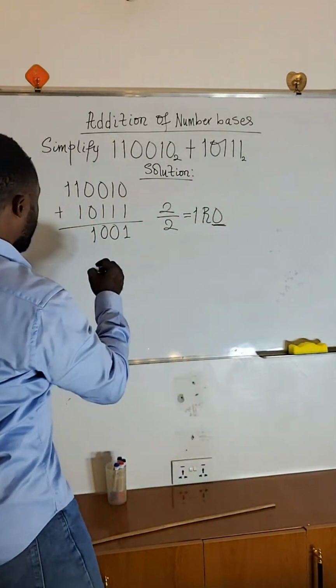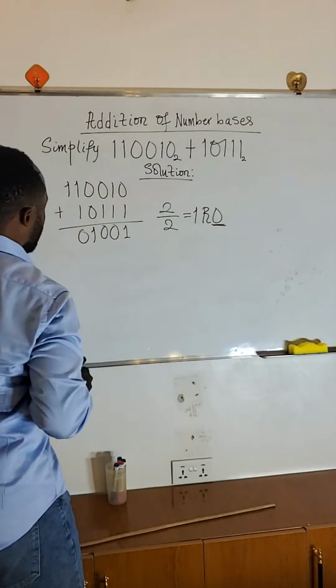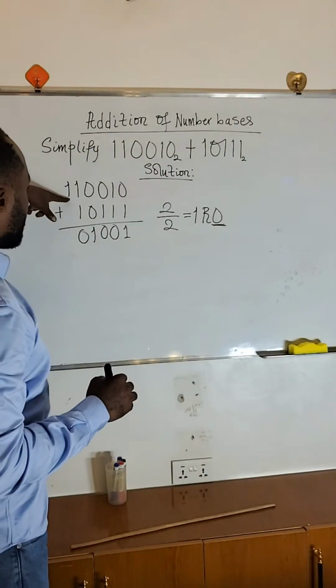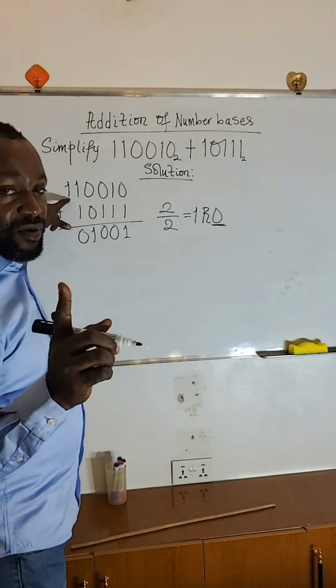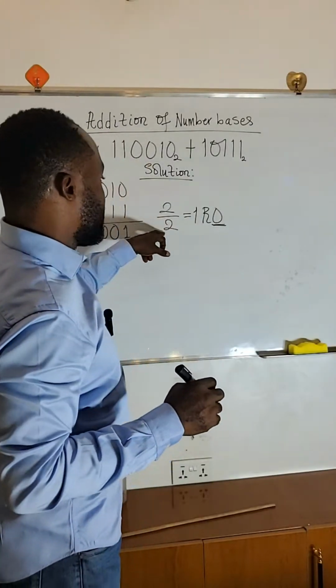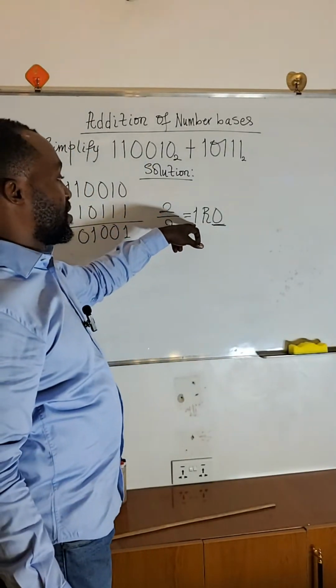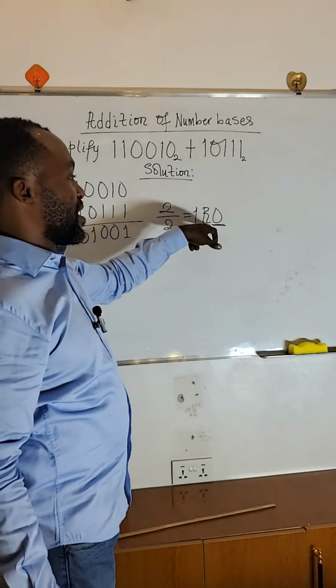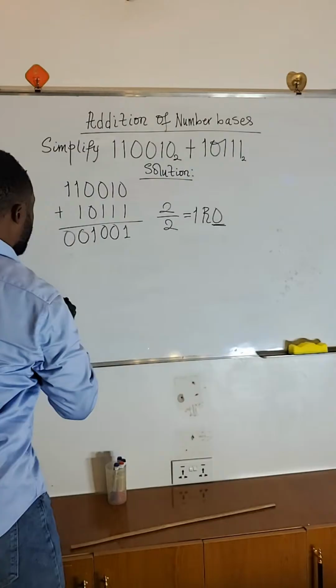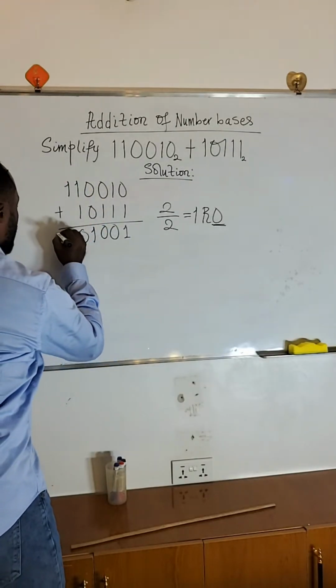So it is that 0 that we will keep there, and then we'll carry 1. That 1 plus this particular one will give us 2. And then that 2 divided by 2 will still give us 1, remainder 0. So we'll keep that 0 here. Then that 1 will come here.